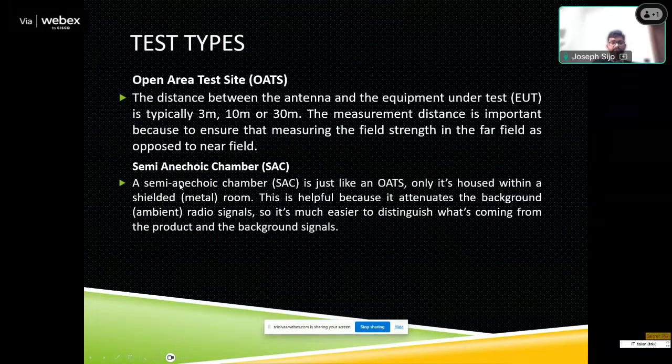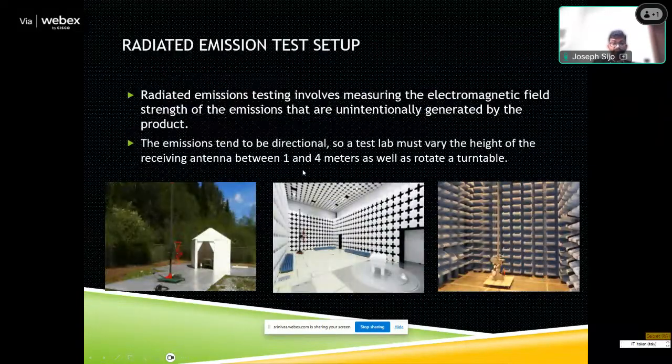And I just explained before the anechoic chamber and semi-anechoic chamber. It is a shielded metal room, and it helps to attenuate the background ambient radio signals. In this chamber there is all this spongy or peak type of material, which absorbs the signal.